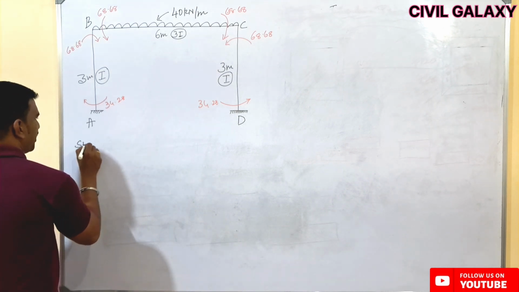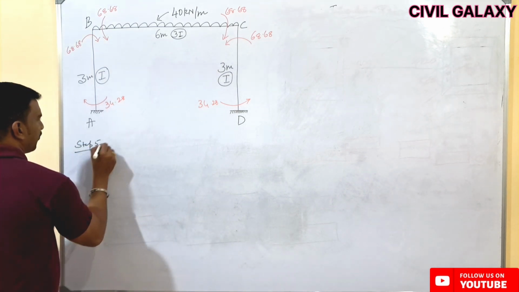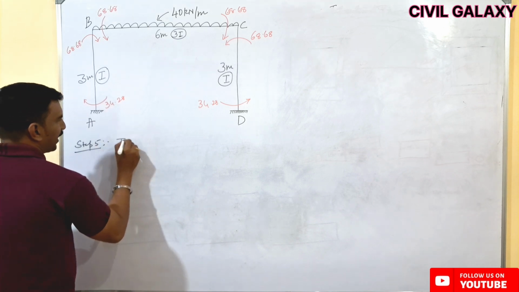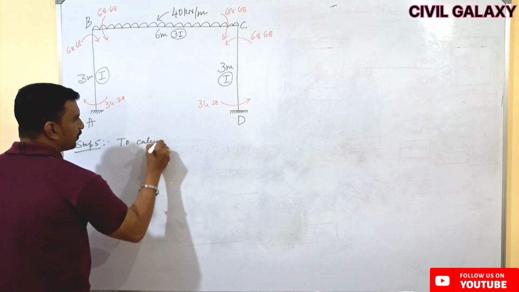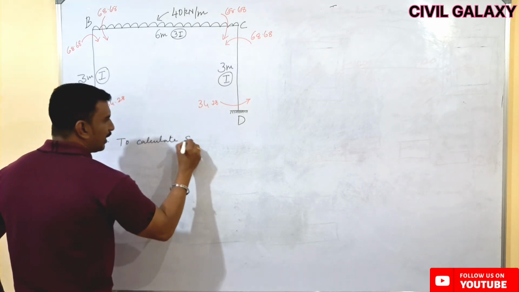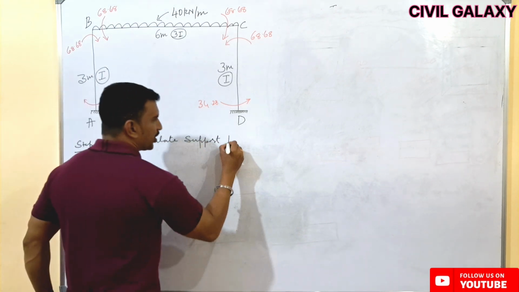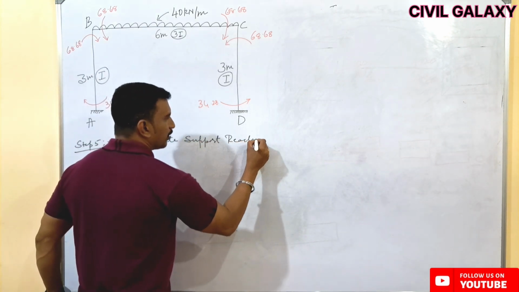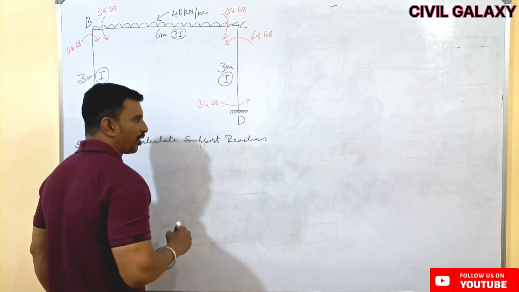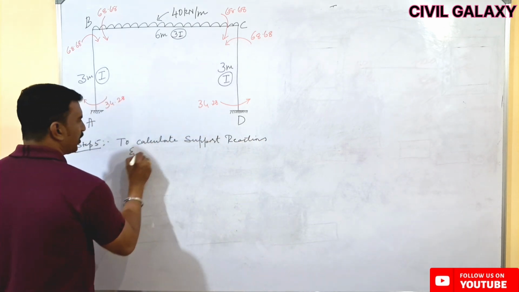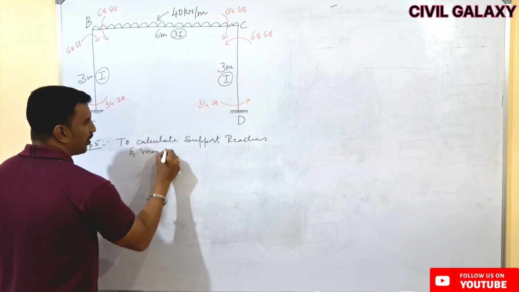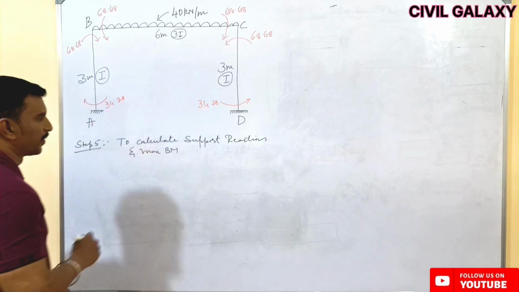So the last step here, which is step 5, is to calculate support reactions and the maximum bending moment.